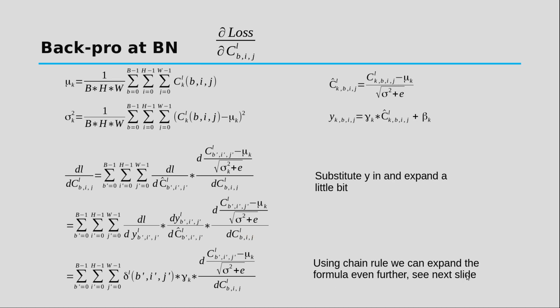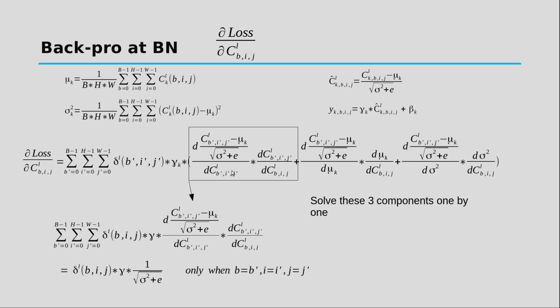So again, we use chain rule to expand this portion. This portion contains three intermediate variables, mu, sigma square and x itself. So it becomes three parts, three components. Let's calculate component by component.